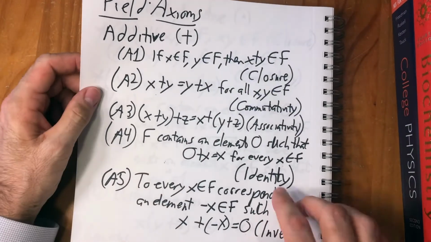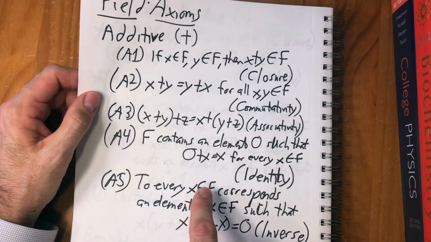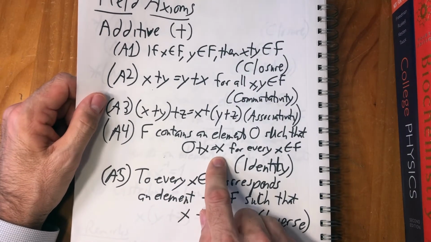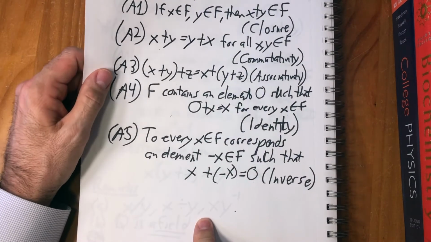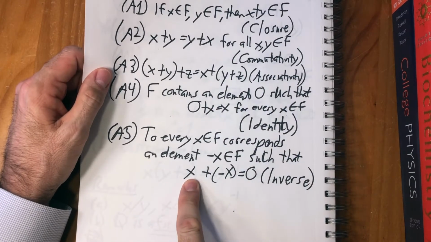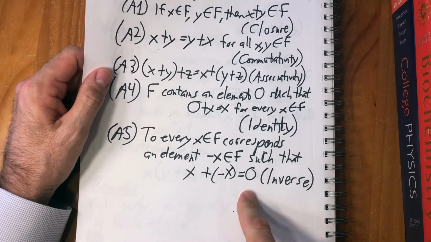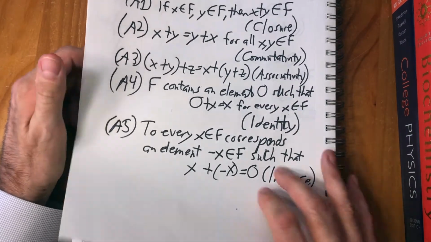The field axioms are that there's a 0 such that 0 plus x equals x, and that each element has an inverse such that x plus minus x equals 0. That didn't say anything about multiplying by 0.